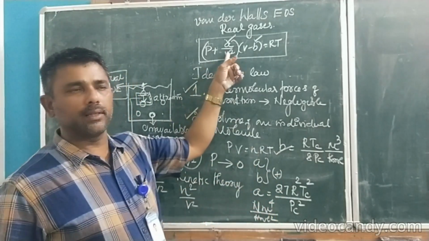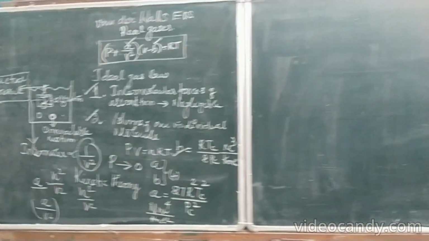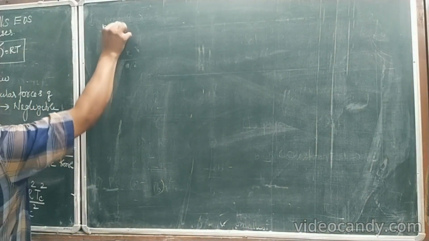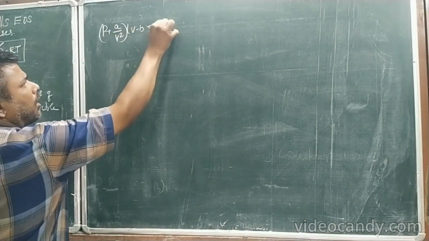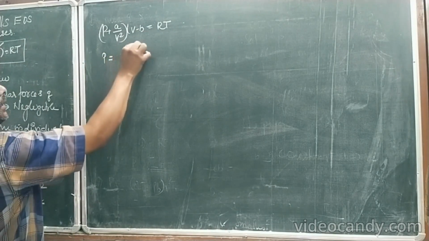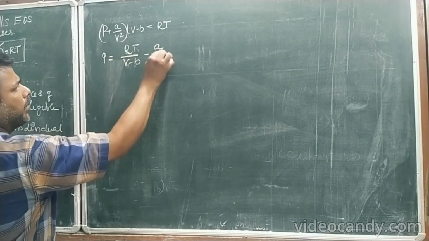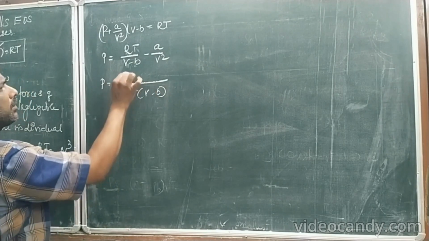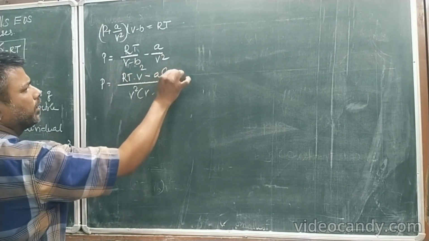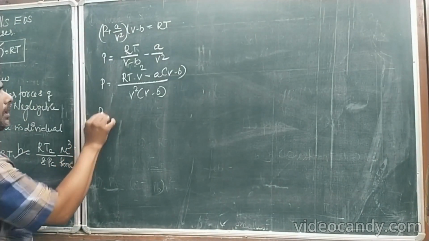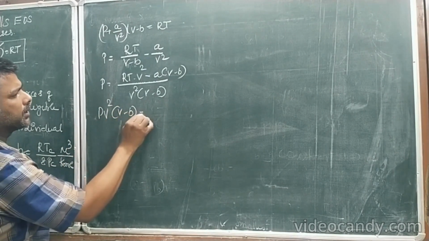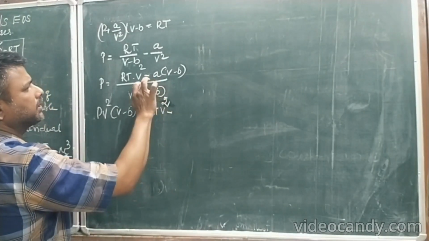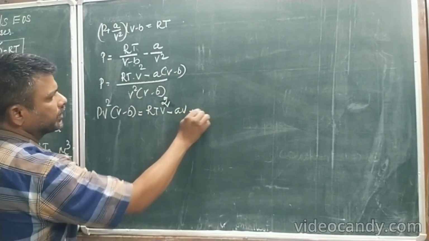Next, I am going to rearrange this equation. Just listen. (P + a/V²)(V − b) = RT. P = RT/(V − b) − a/V². Multiplying through, PV²(V − b) = RTV² − a(V − b).